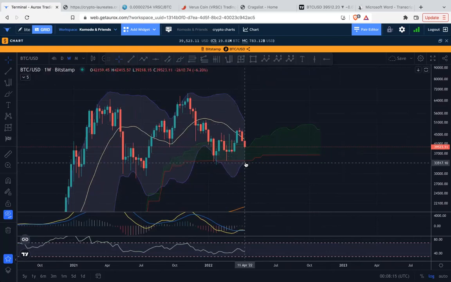The lower end of the Bollinger Band confluences with the lower end of the Ichimoku cloud. So I definitely think there's room for the price to come in here and play. We've shown that this 20-week moving average doesn't look like it's going to be support in the near term, because, look, we've broken down so hard.